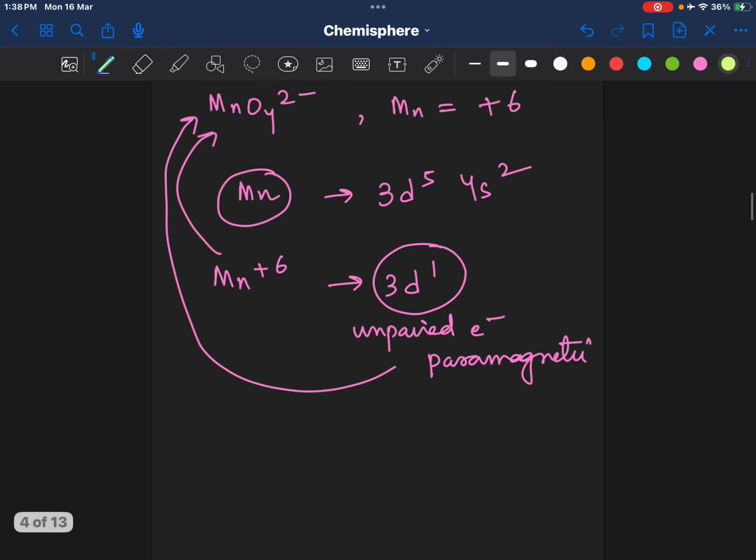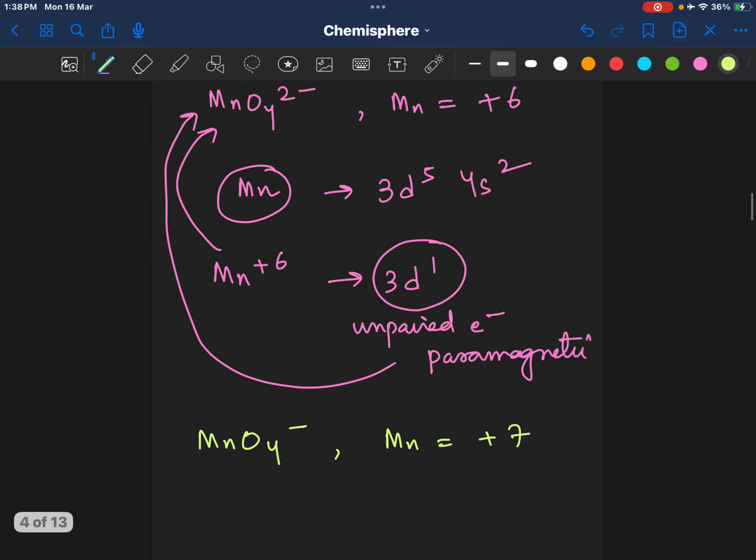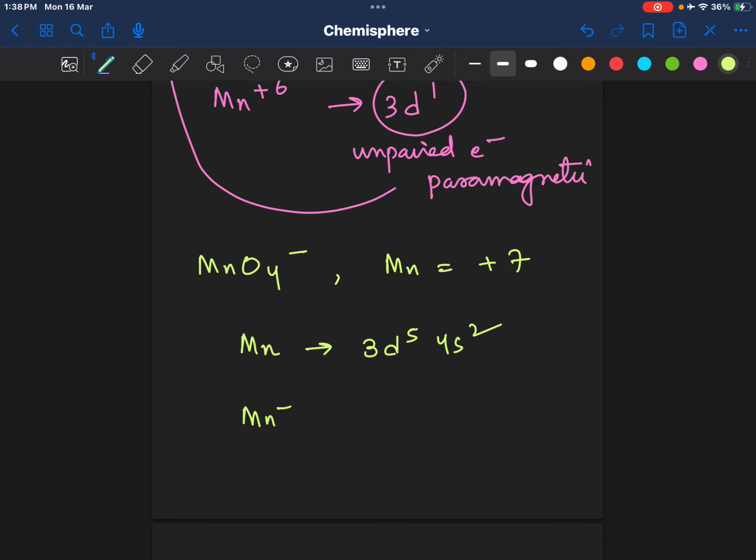Next, permanganate, MnO4 minus. The oxidation state of Mn is +7, as we just calculated. The ground state configuration of manganese is 3d5 4s2, so the configuration of Mn+7 is going to be 3d0.